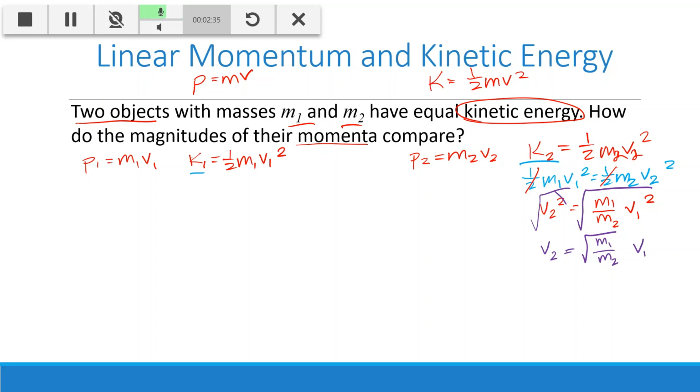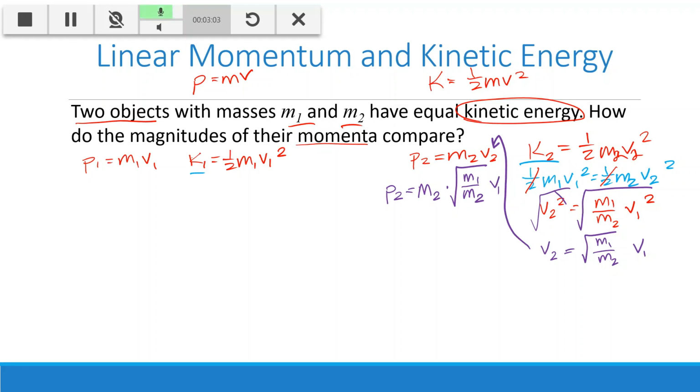Then I can take that v2 and plug it in over here. Now that I have an expression for the velocity of the second object, I can put that in for the momentum. So my momentum of the second object is going to be m2 times the square root of m1 over m2 times v1.